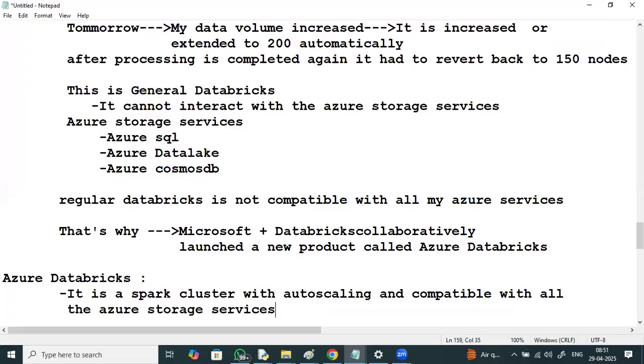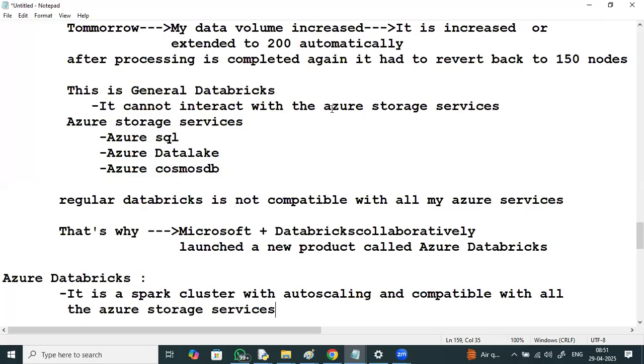Try to understand. Spark, to execute, requires a cluster. Cluster means a group of systems, meaning huge data is divided into smaller partitions, distributed across multiple systems and processed. So who is going to provide that cluster? Databricks.